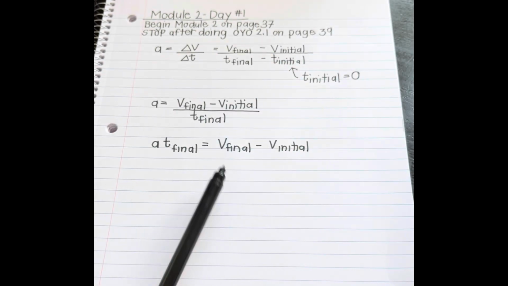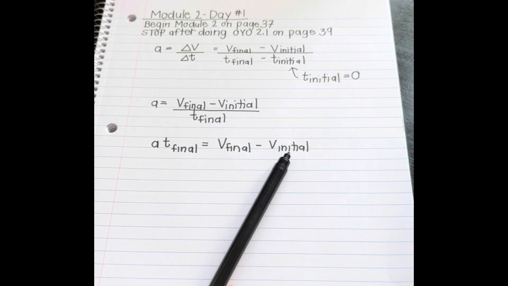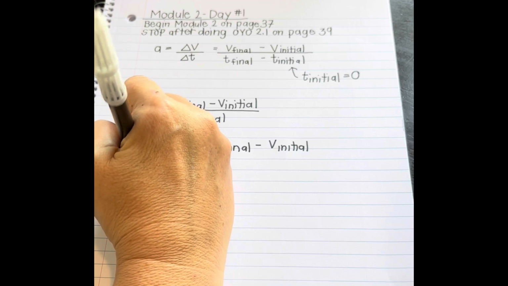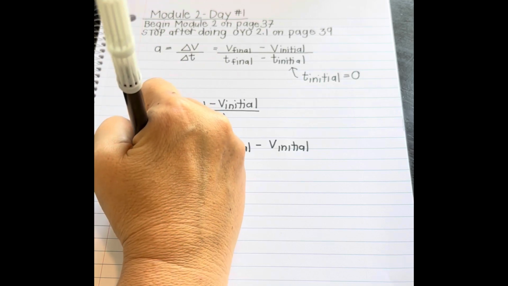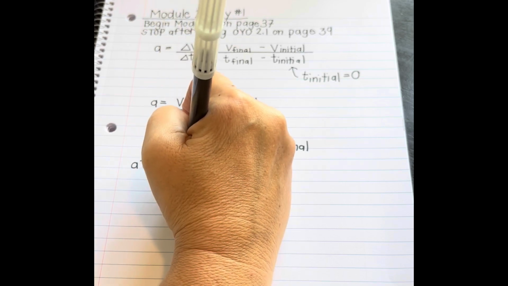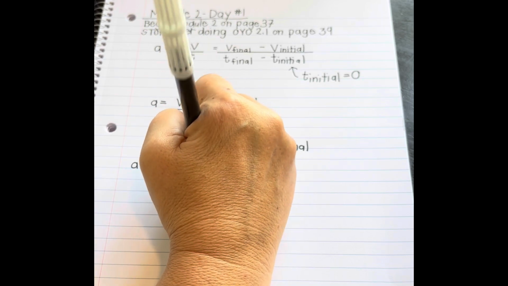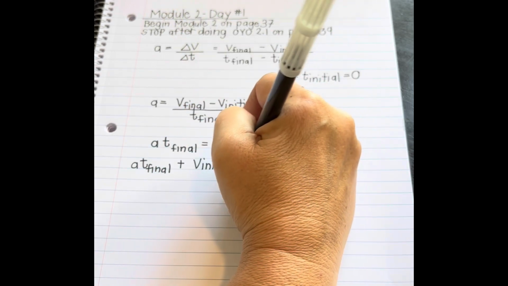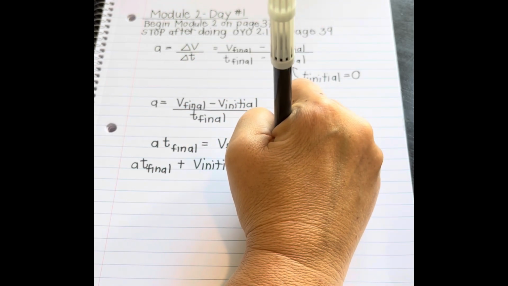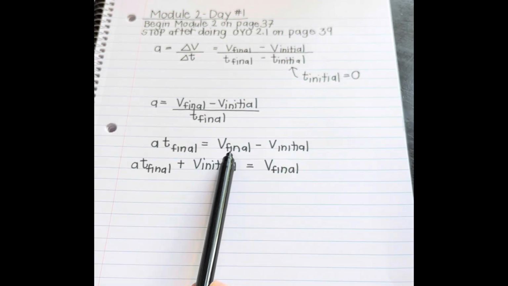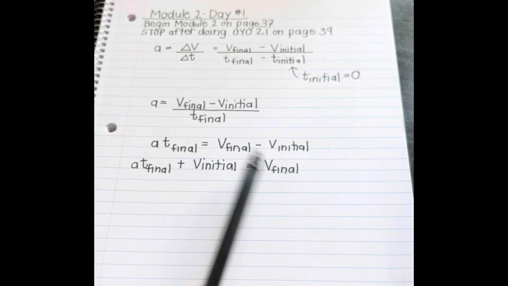And now the last thing we have to do is get rid of V initial over here, so we have to add it to both sides. So we have acceleration times T final plus V initial equals V final. All right, so we just rearranged everything to solve for V final.